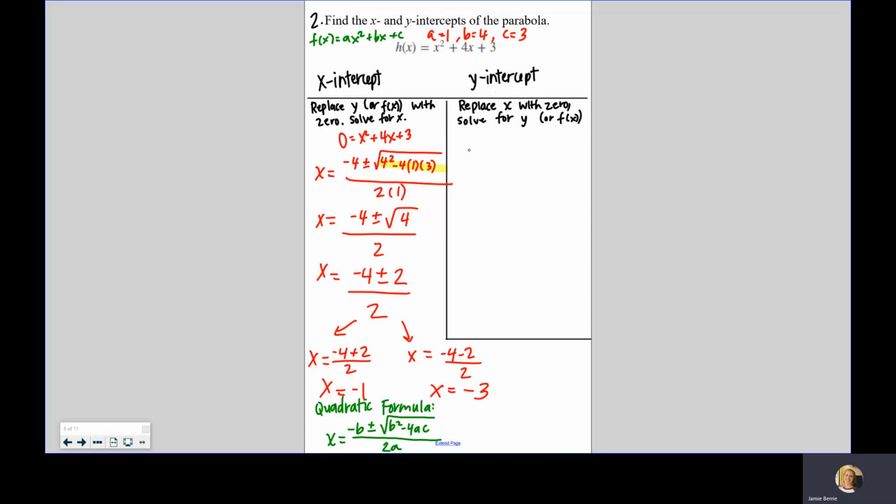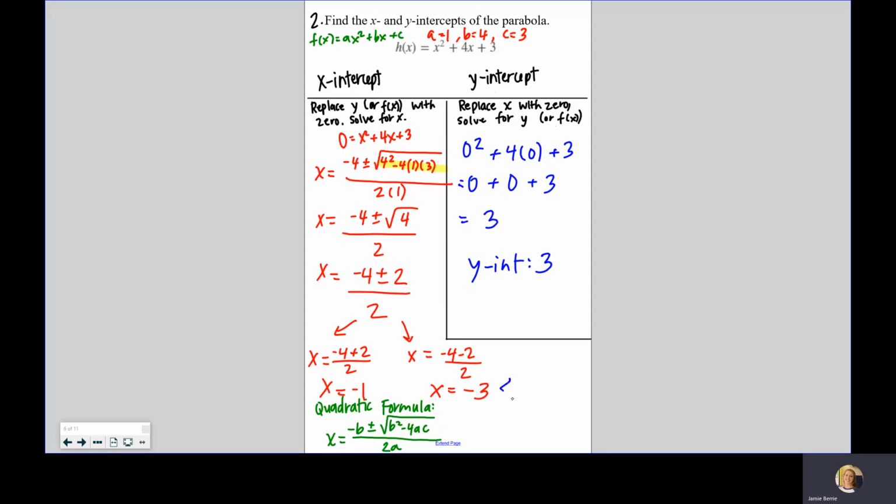So we'll have 0 squared plus 4 times 0 plus 3. 0 squared is 0, plus 4 times 0 is 0, plus 3. So all that's equal to 3. So that's the y-intercept. It's just 3.